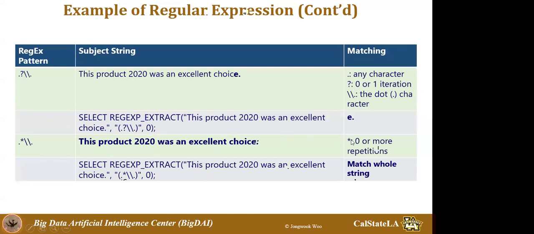Also, there's another one, the asterisk, that is star. It is to say 0 or more times occurrence. The pattern in front of a star could show up 0 times or multiple times. So for example here, there is a dot. What is dot again? Any character. So any alphanumeric or any special character could show up 0 times or multiple times, because that is star.